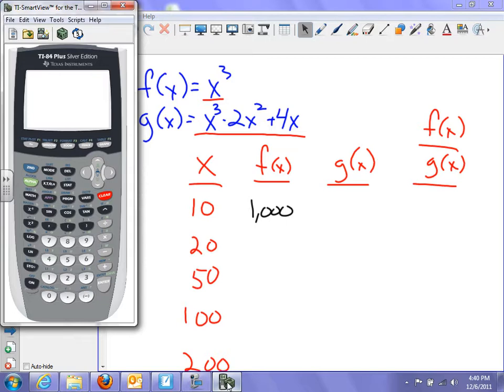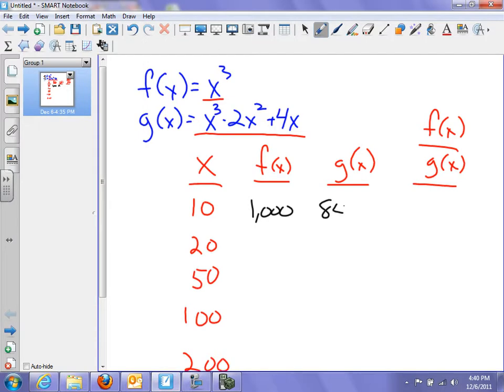I had entered it into my TI as a y equals, so I'm going to calculate it using a shortcut. I'm going to go alpha F4, alpha trace, so I'm going to do y1, and evaluate that function for the number 10. It's going to give me the answer 840. So my g of x is 840.